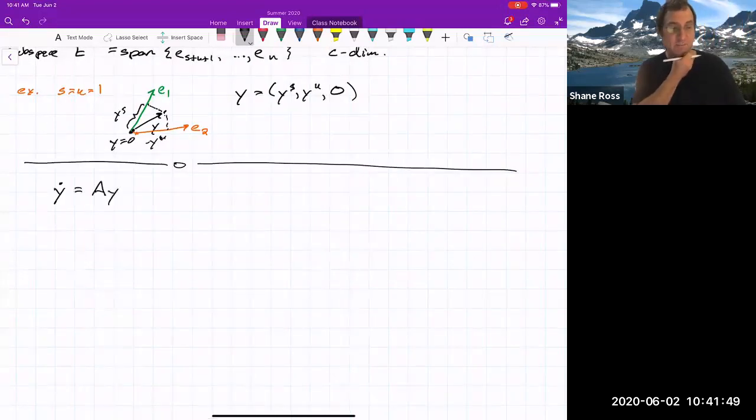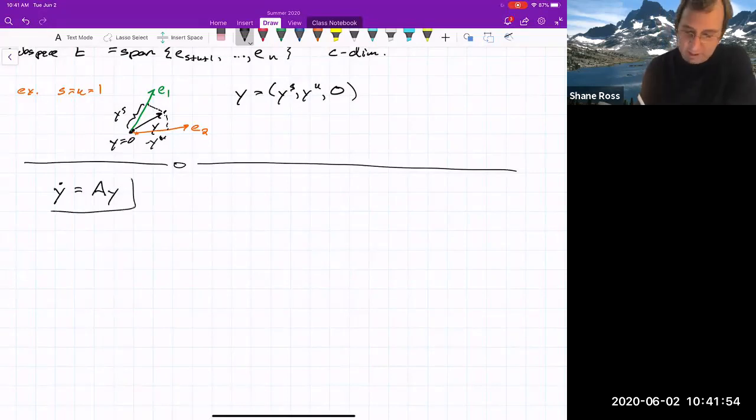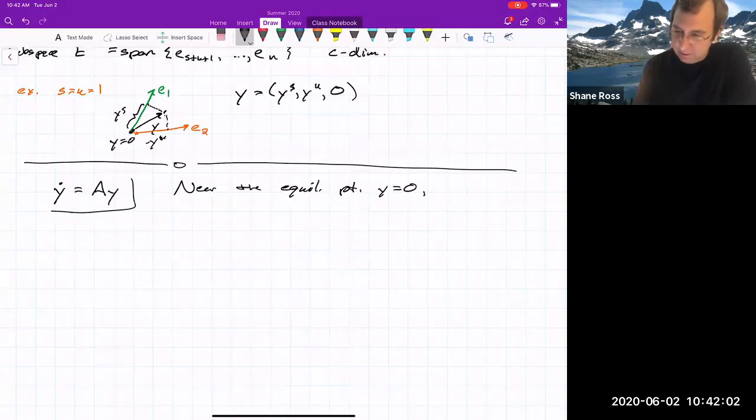That's our system. We know its eigenvalues. So near the equilibrium point, which is y equals 0, it's very useful to get the matrix in the eigenbasis.